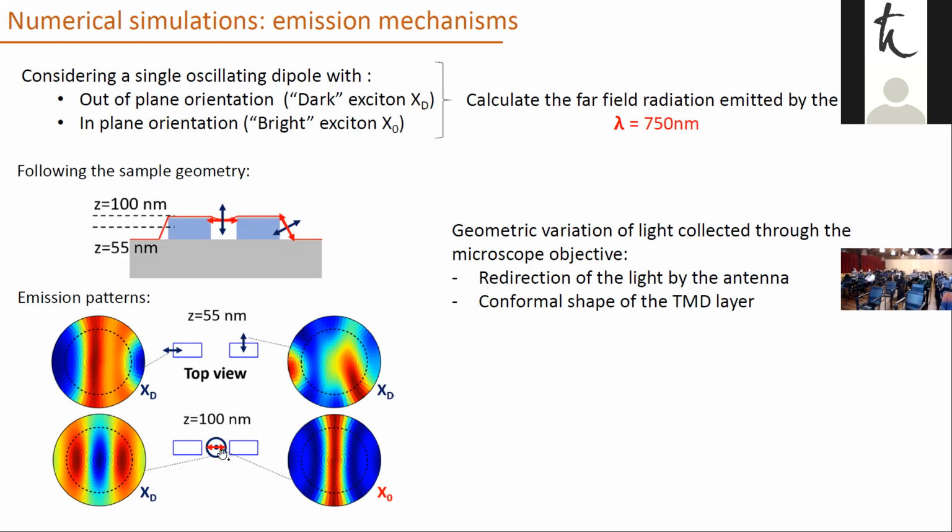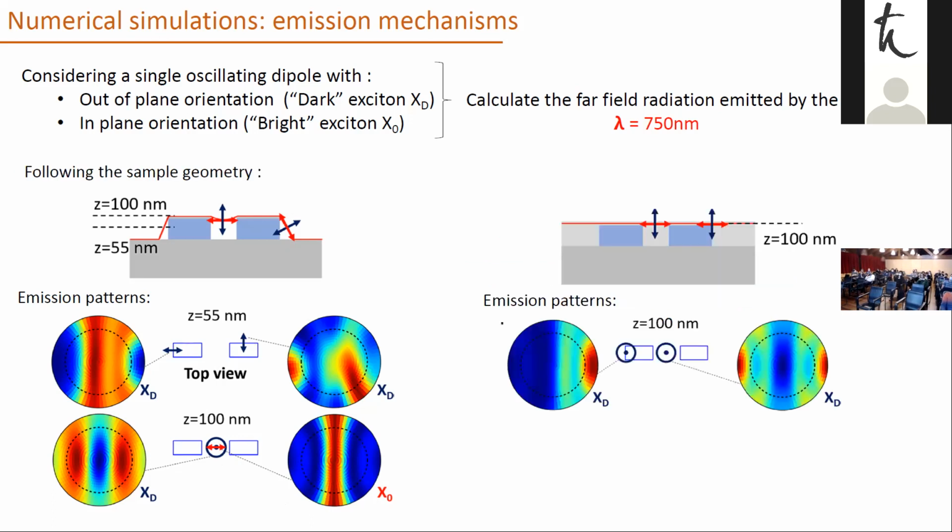Now, if we look at the same thing and compare bright exciton and dark exciton right in the middle of the antenna, we see that what the objective will see is mainly the bright exciton. So we do not expect any exaltation of the dark exciton in between both antennas. So this is quite good compared to what we see experimentally.